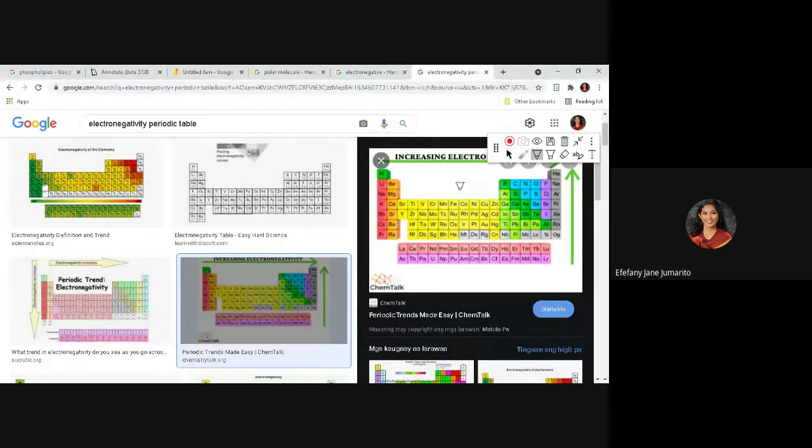Where are the metals here? Here we have your metal group, and then you have your non-metals here, and then you have here your semi-metals.